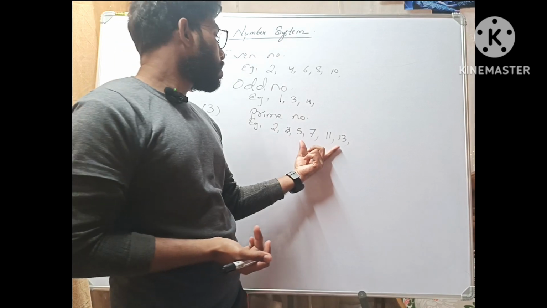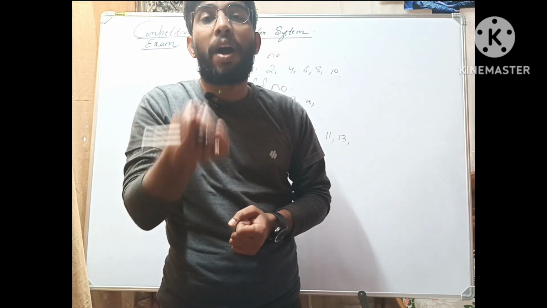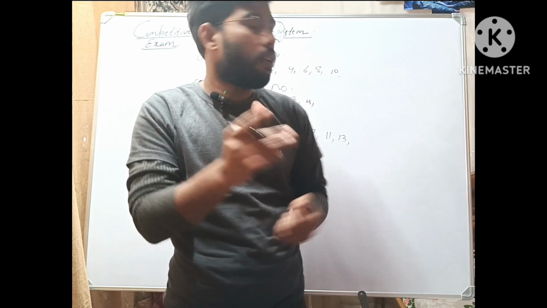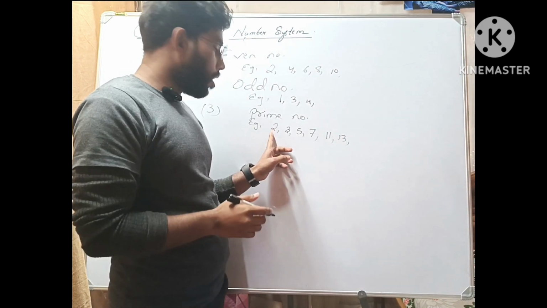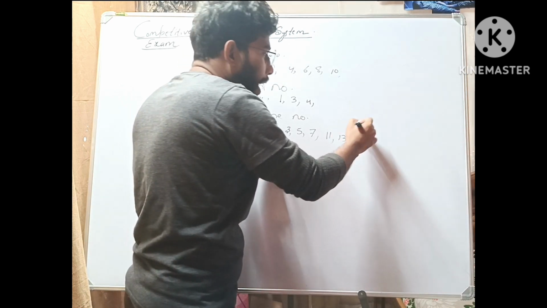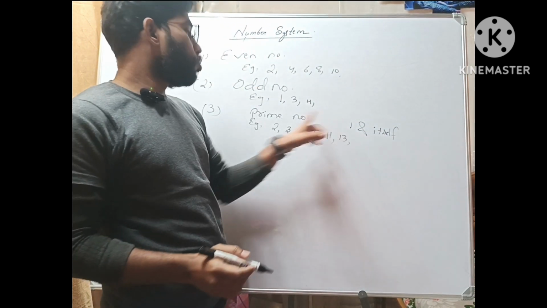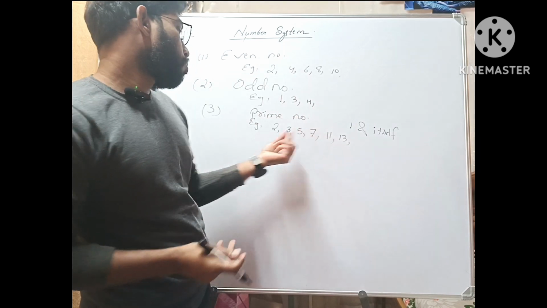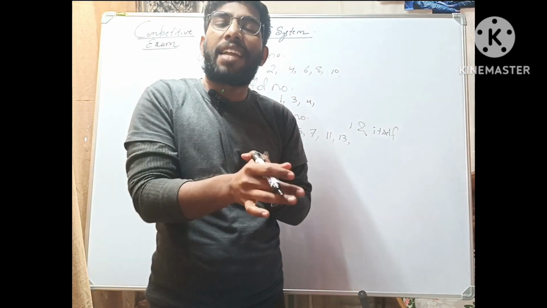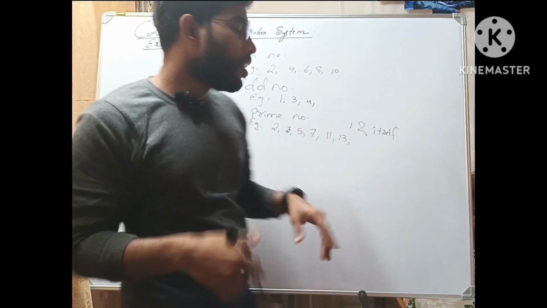A prime number is a multiple of 1 and itself, like 2: 2 ones are 2, 1 two is 2. So numbers which are multiples of 1 and itself are prime numbers. I hope it's clear.